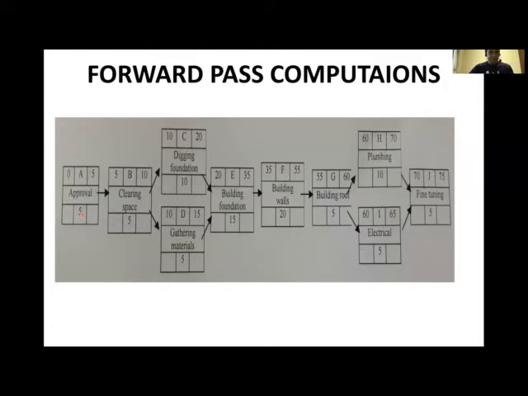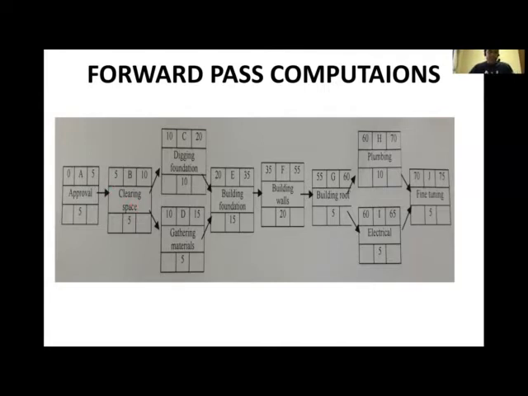So look at this, this is the early start and this is the early finish. We said for you to compute the early finish, you need to add the early start plus the duration. That's why 0 plus 5, you're getting what? You're getting 5.